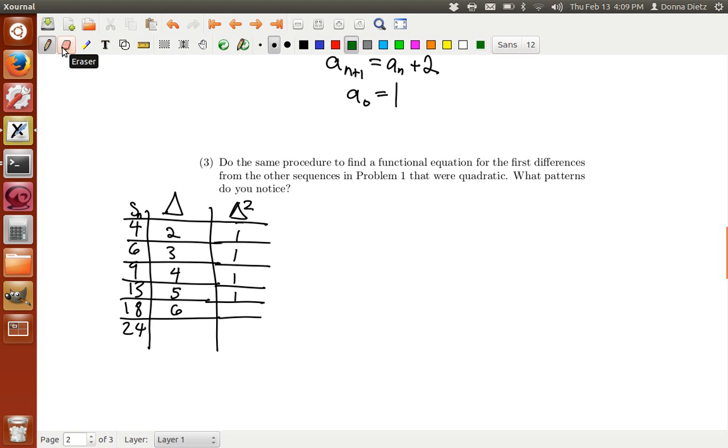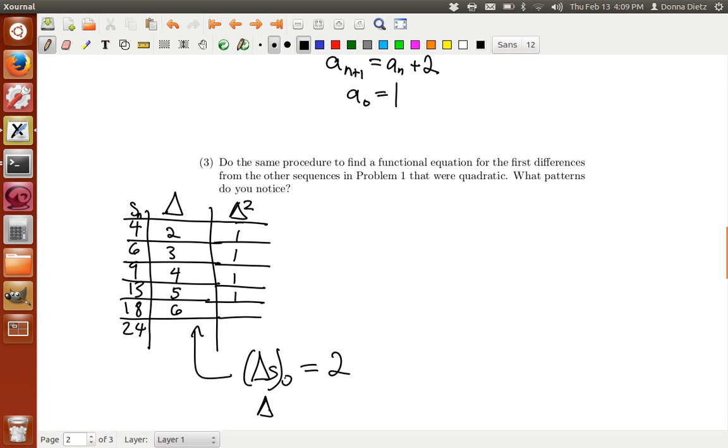And let's see, we know the differences, there they are. We're going to try to write this arithmetic sequence. Say delta S0 if you like. And what is that? That is 2.